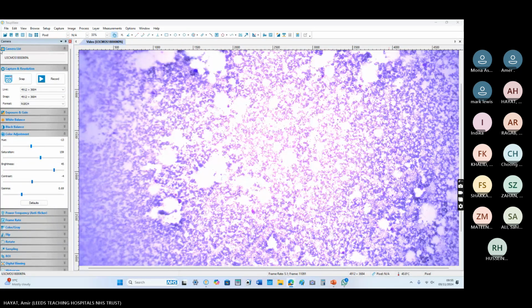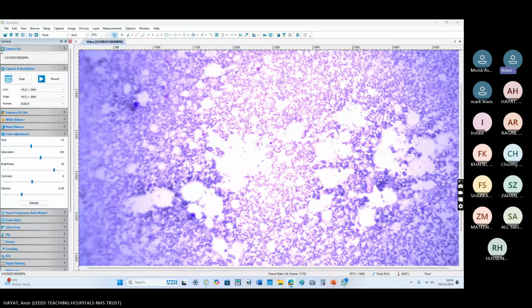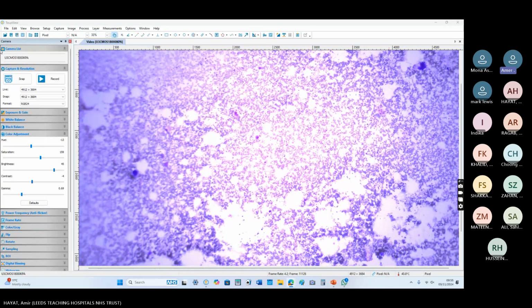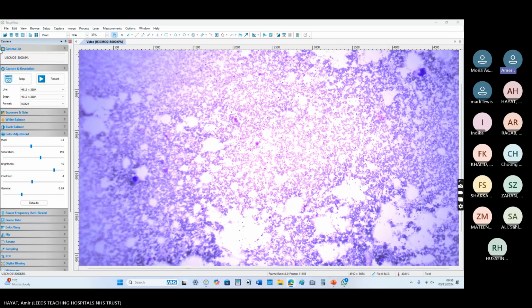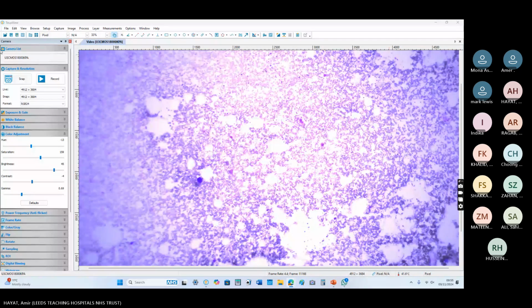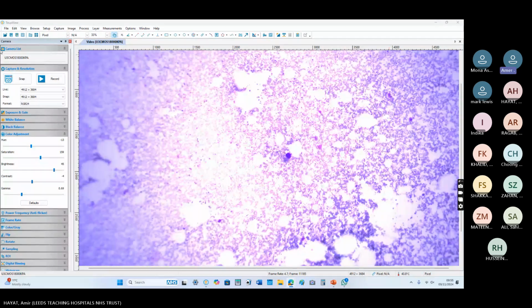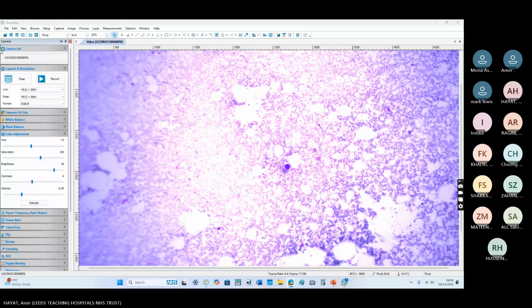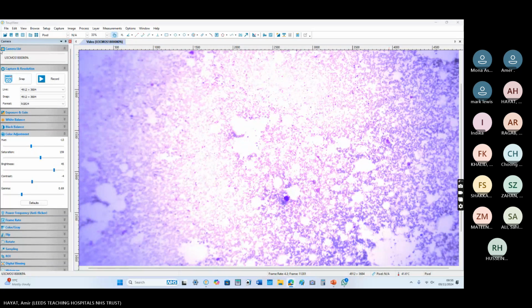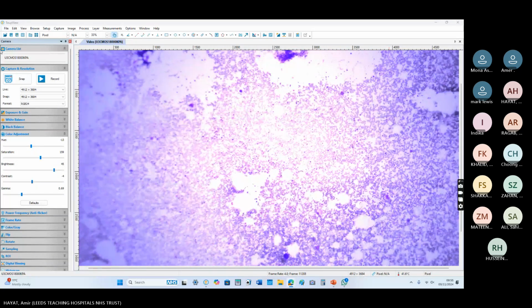The patient is 80 years old and had persistent anemia and thrombocytopenia. So the hematology department decided to do a bone marrow biopsy for this patient, and you are seeing the aspirate at power 4 at the moment. It's hypocellular.